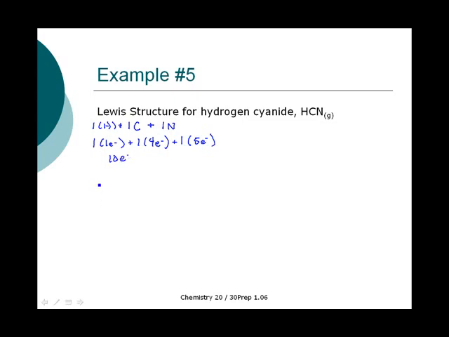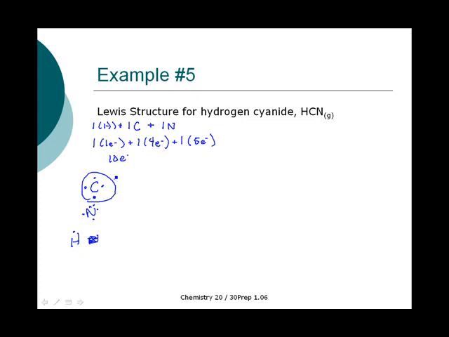And now we'll just draw our atoms. We have carbon, we have nitrogen, and we have hydrogen. Now the atom that's most electron deficit would be carbon.